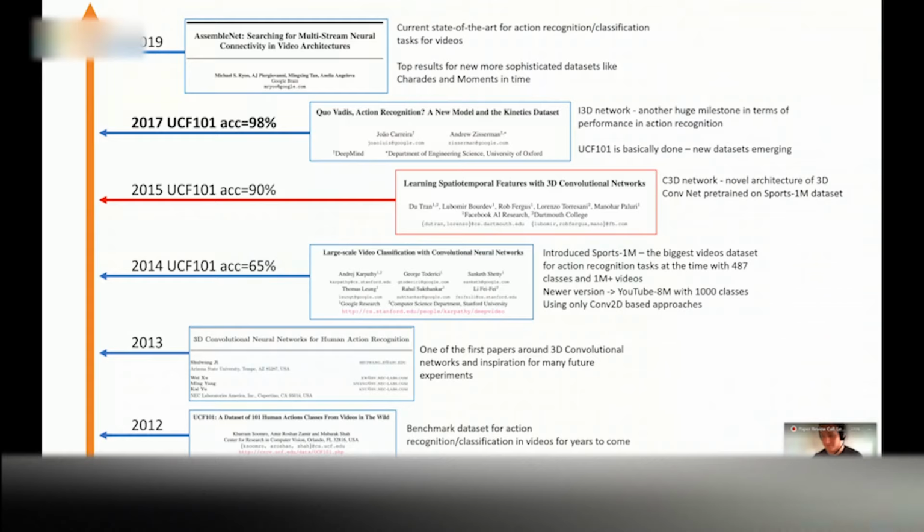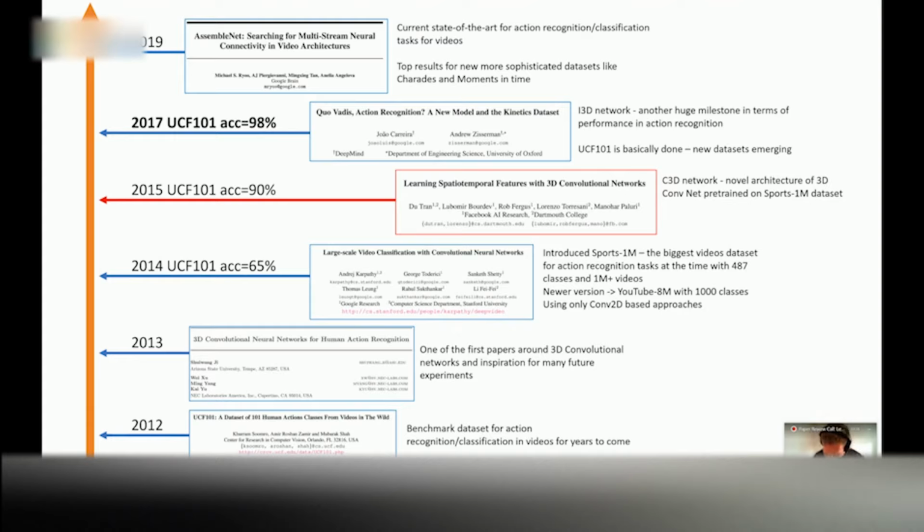And there's one more which is worth mentioning, because after 2017, when the UCF dataset, which was like a benchmark of such, was basically beaten, some new data sets started to emerge, and so researchers had to pump up their game and come up with even more brilliant ideas for models for action recognition.